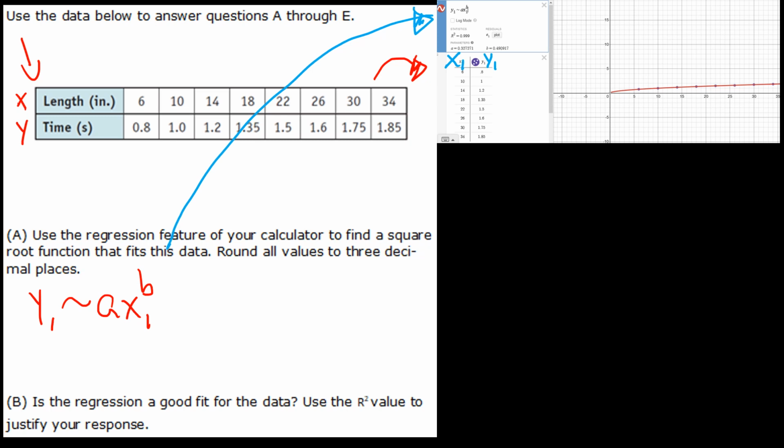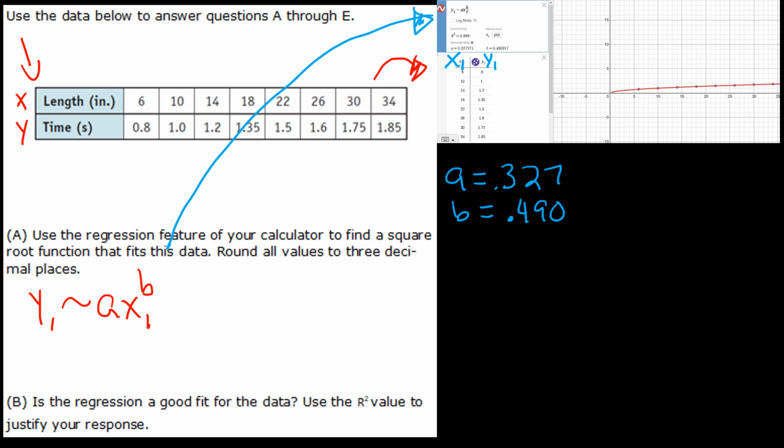Well, we end up getting that A is equal to 0.327. B in this case would be 0.490. And the question is saying, use the regression feature of your calculator to find the square root function that best fits the data. Round all values to 3 decimal places. That's why I went to 3 decimal places here.